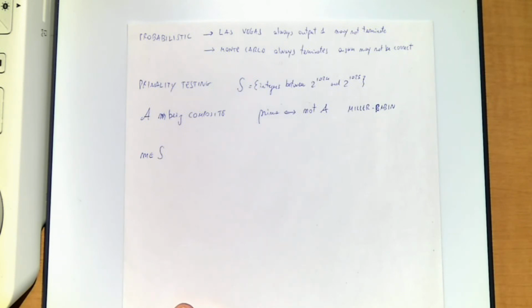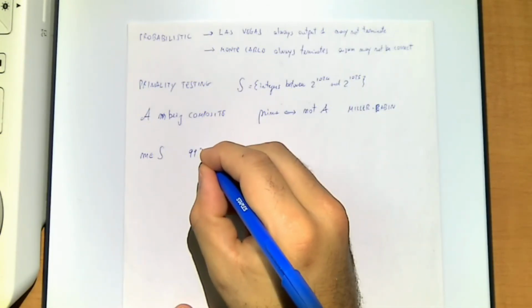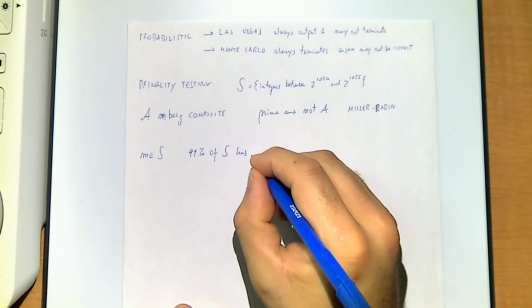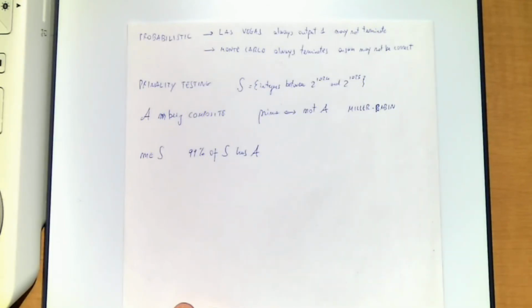That's the case for composite versus prime numbers. For example, oversimplifying, you may know that say 99% of S has property A, and only 1% doesn't have property A. In our example, those are the primes. This is not exactly like that, but it's a simplification.